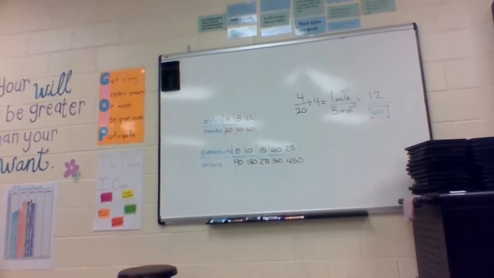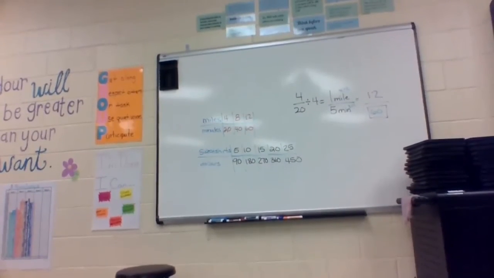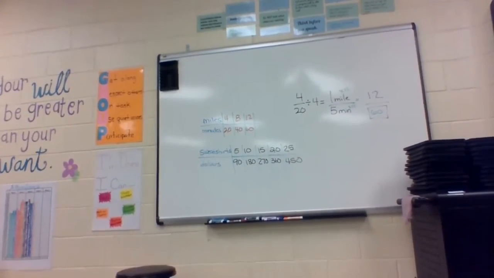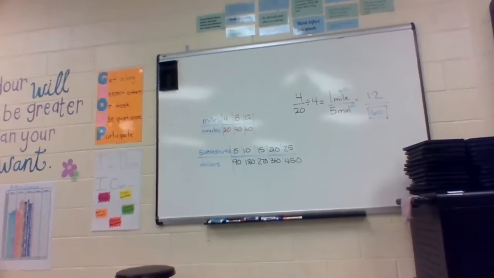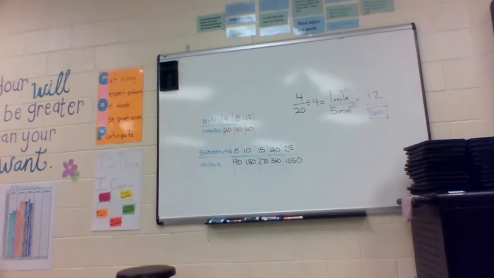Y'all don't give a person a chance to try to figure something out. Look at your pattern, right? We started with 4. Then we got to 8. Then we got to 12. What's next, DK?